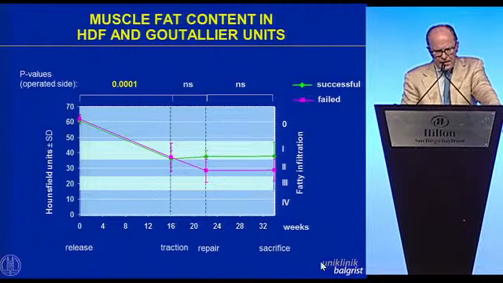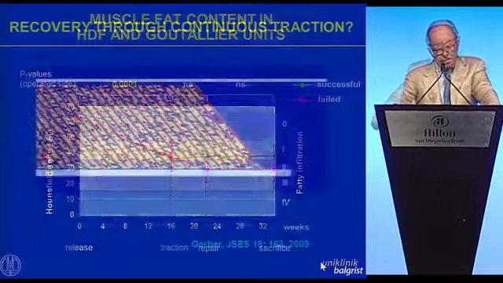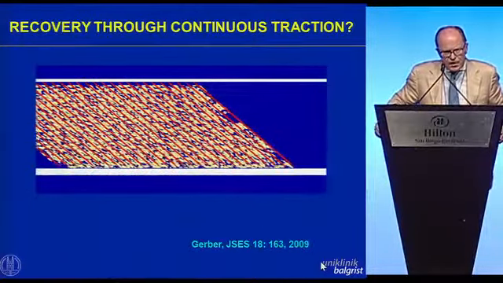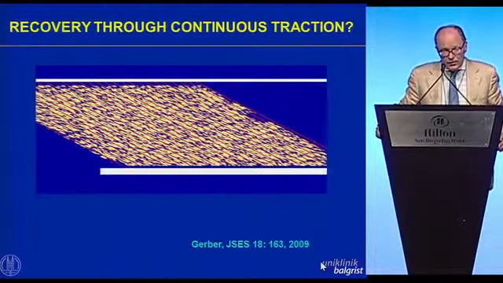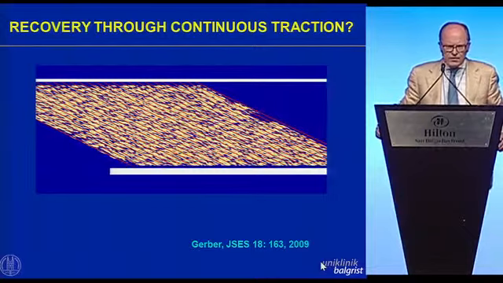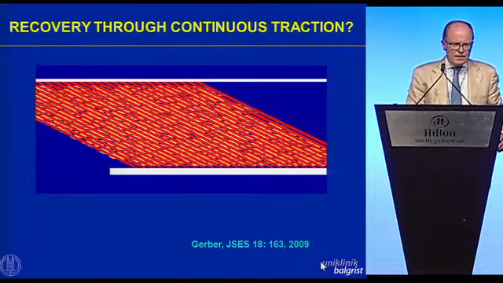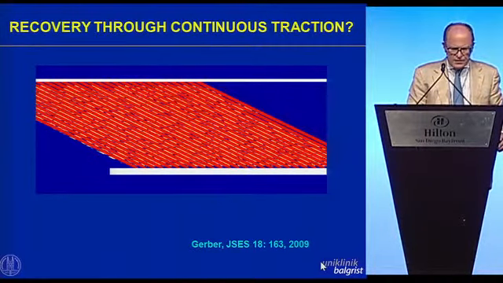But even with that method, you still have relatively advanced fatty infiltration, which does not go away. So the recovery with continuous traction leads to extension, restoration of architecture, but not to restoration of muscle fiber size. So what we're seeing here is at the moment still a dream.